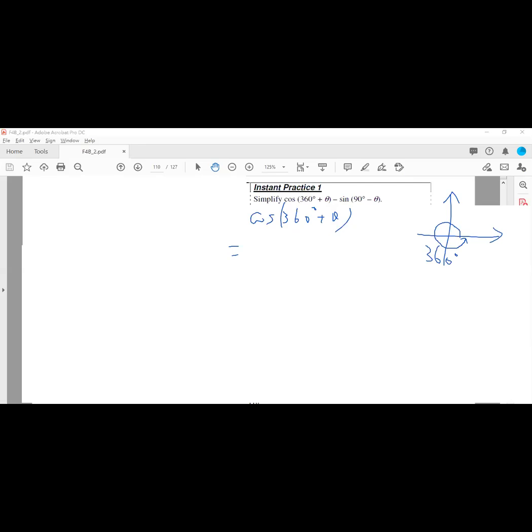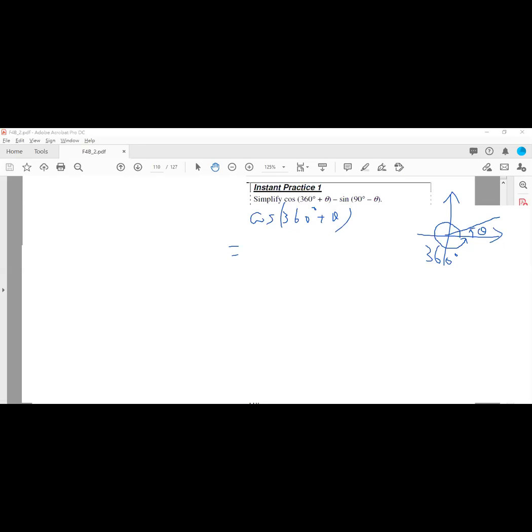But we are now 360 degrees plus theta. So after turning 360 degrees, we will turn a little bit more further. Okay, so it's a little bit more. It's like this. So the side will be landing on this box. Okay, this is theta. This little angle is the theta.